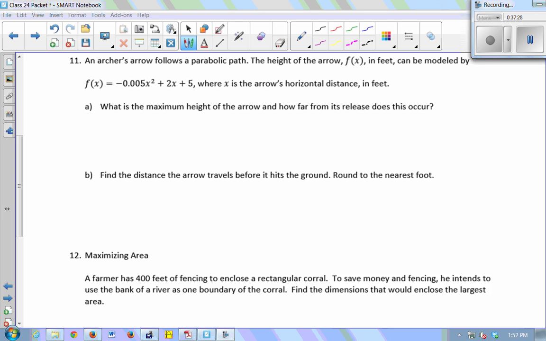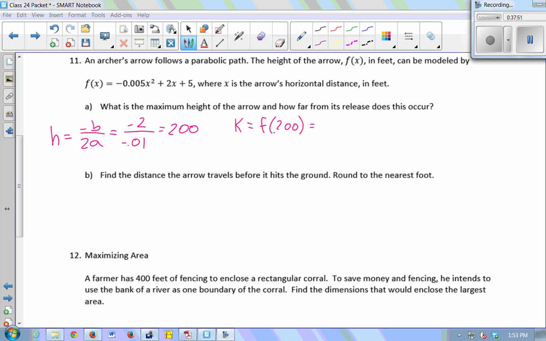All right, so the vertex we can find by doing negative b over 2a. That's the x coordinate of the vertex. So that would be negative 2 over negative 0.01, which is 200. And then k is what you get when you take 200 and plug it into f.